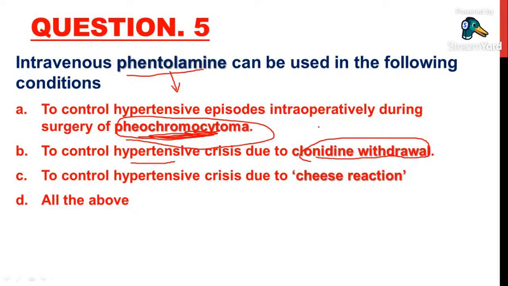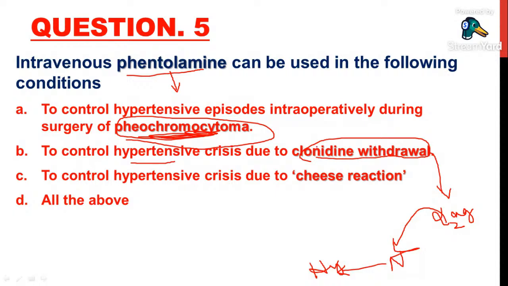In the previous class, I was discussing that clonidine is an alpha agonist, especially an alpha 2 agonist. When an alpha 2 agonist is given, it will decrease the release of noradrenaline, and by that it will be helpful in hypertension. It will decrease hypertension.